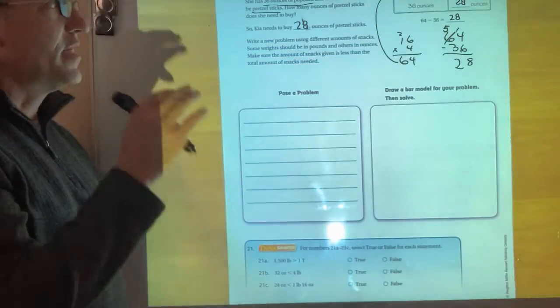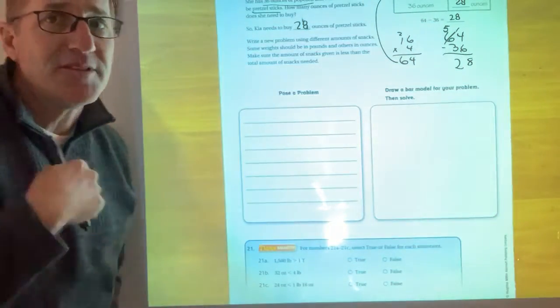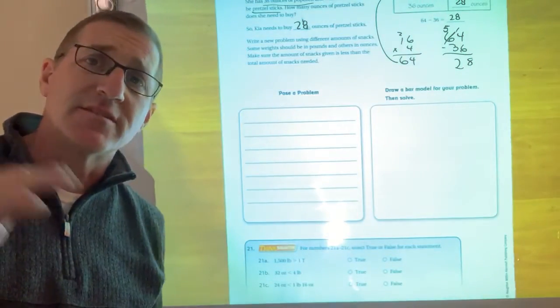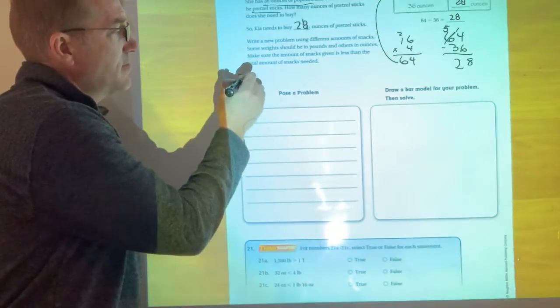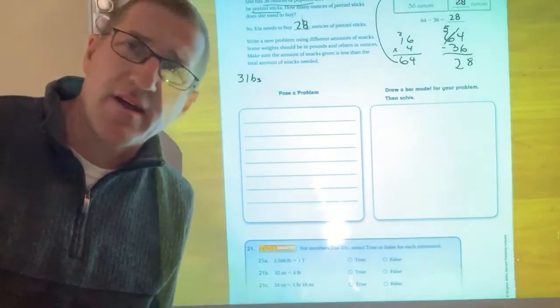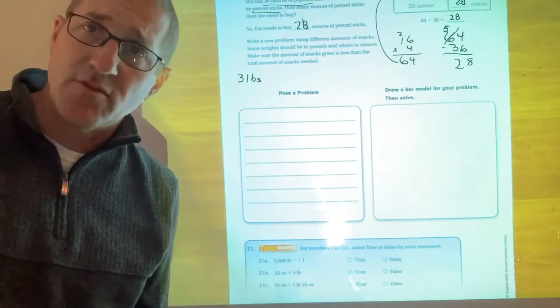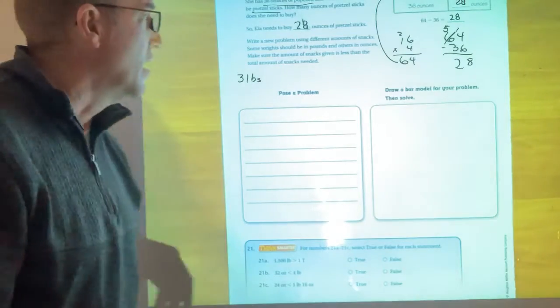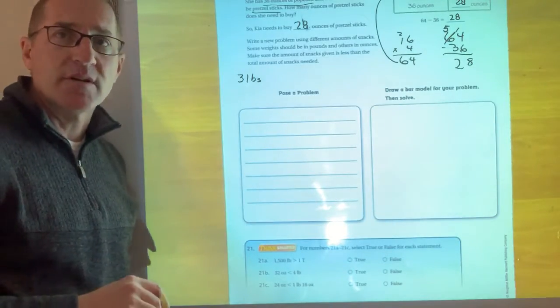Let's just make a new problem, and I'll set up the bar graph. I would just use a small number. It's been a long lesson, so let's keep it little. Let's go with 3 pounds. You can come up with whatever you want. Somebody wants 3 pounds of birthday treats, cookies and cakes, it doesn't matter what it is.